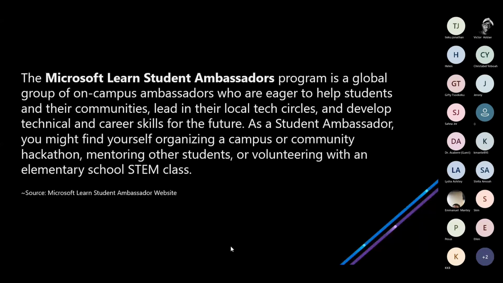Student ambassadors have to make good use of the opportunity given them to learn, because one of the key words in the name of the program is learn. The purpose is to learn and impact. Once you have learned and acquired the required skills from all the available resources given to you, you demonstrate your skills by organizing events in your local tech community.